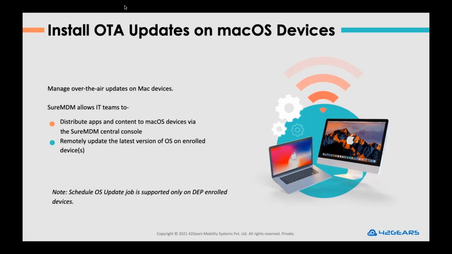Admins can use this option to remotely push the latest version of the operating system on the enrolled Mac devices using a single console. With SureMDM, IT teams can easily distribute apps and content to macOS via the SureMDM Central Console and remotely update the latest version of operating system updates on the enrolled devices.